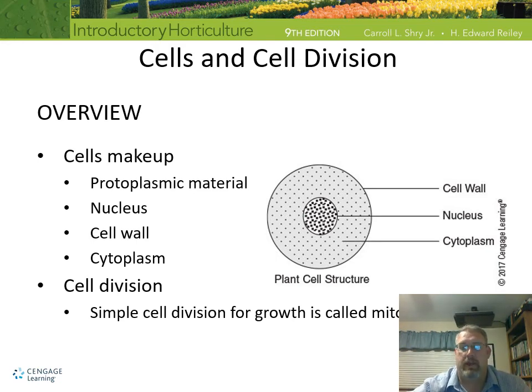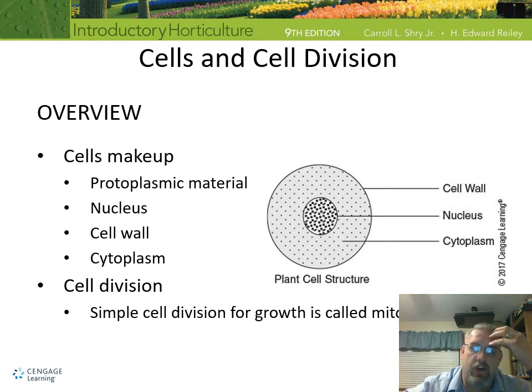Once the plant has enough cell walls, it actually is like a building block for holding these cells together and allowing those cells to create a whole plant. The other important areas of a plant cell are the nucleus, which is where all the genetic material is held. This is where your DNA is held, and it will tell what type of plant it is and what traits it's going to have.